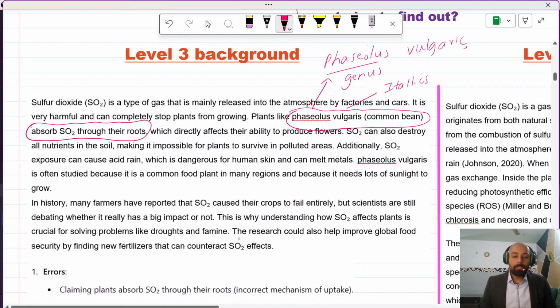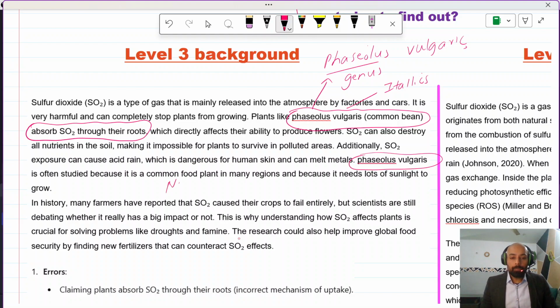Whenever you're talking about the mechanism, make sure it is the correct mechanism. Okay, so it can cause acid rain, dangerous to human skin. Ultimately he is focusing on the plants, so why is he talking about human skin and other things like that? So here we have again a major blunder, right?